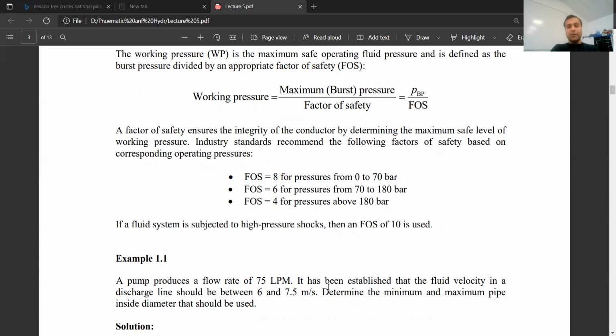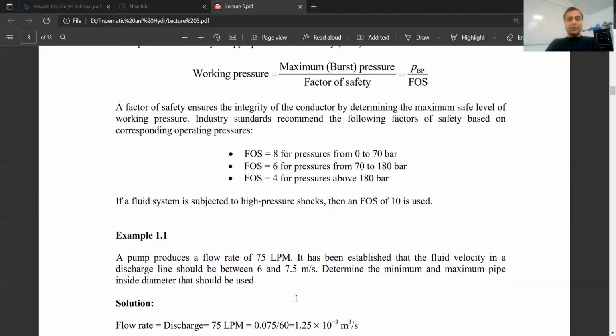It has been established that the fluid velocity in a discharge line should be between 6 and 7.5 meters per second. Find the minimum and maximum pipe inside diameter that can be used. So you want to find the inside diameter.